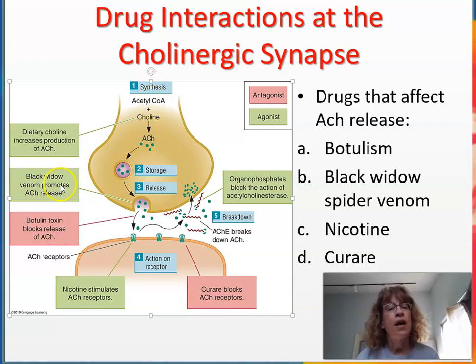But one interesting way: black widow venom. So you get bit by a black widow. What it does is it actually promotes more acetylcholine to be released and to fill the receptor sites, which causes an increase in acetylcholine at the neuromuscular junction.